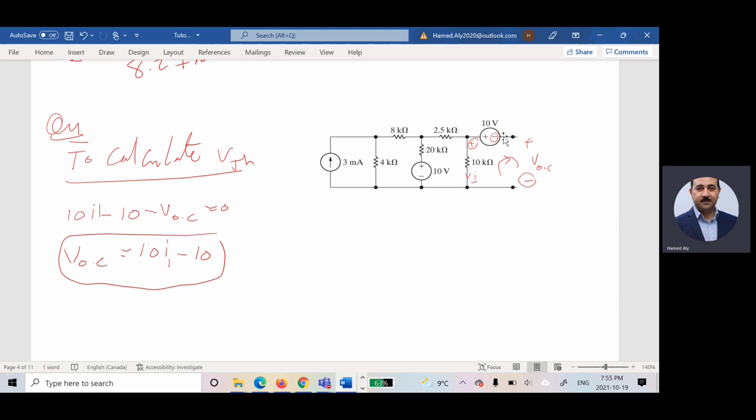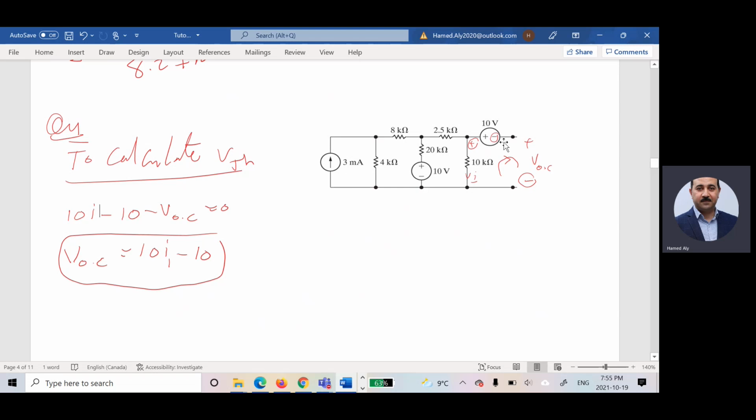But there is no current because there is no closed loop. So if you would like to find the voltage between these 2 points, you have to keep this in your mind because there is a battery. There is a voltage between these 2 points, but there is no current here because this is open circuit, like the outlet that I showed you.